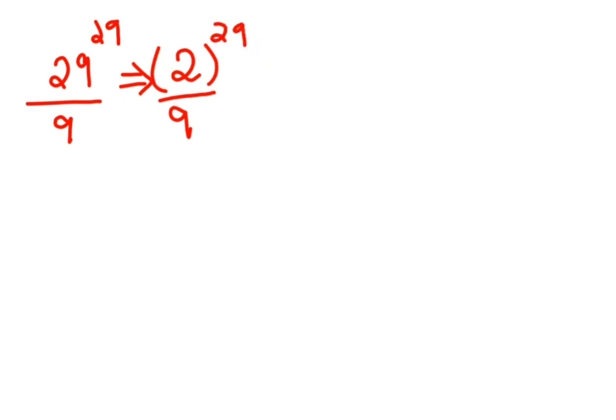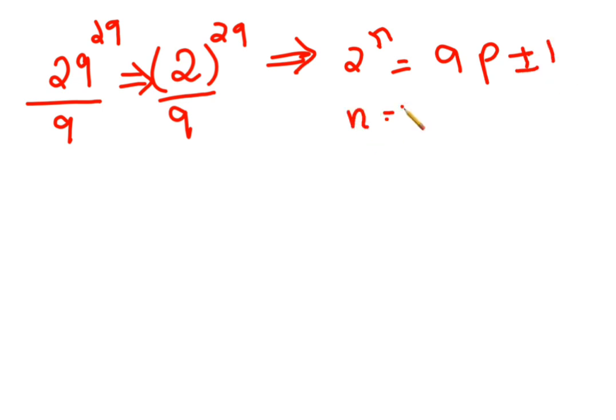So now I went and understood which power of 2 gives you the answer in terms of 9 multiplied by some number. Let's not keep it as n because I've taken it over here. So 9 multiplied by p plus minus 1. So here we saw that the n value can be 3 or it can be 6.